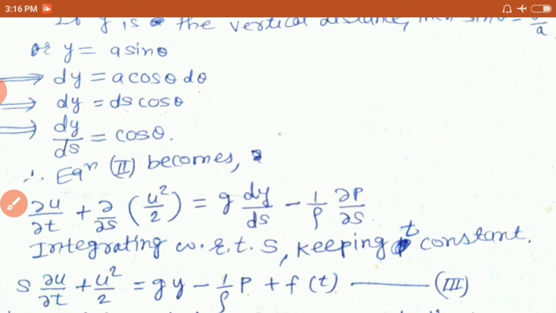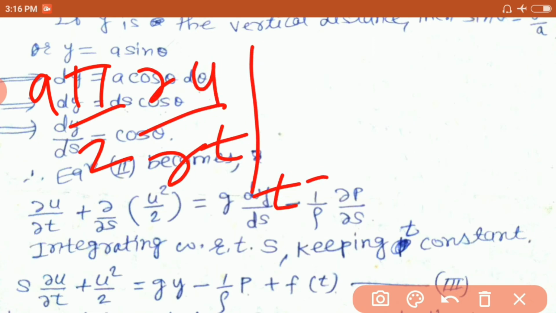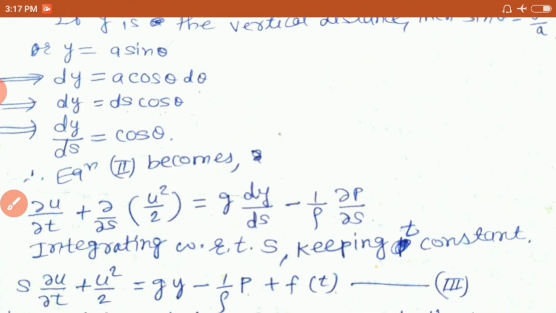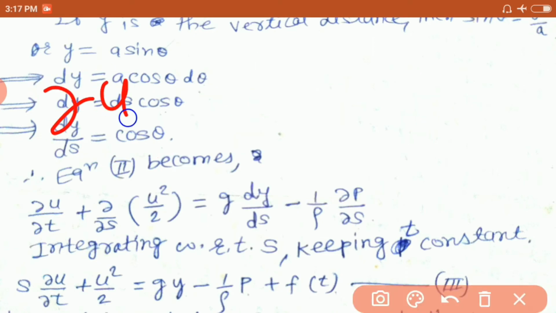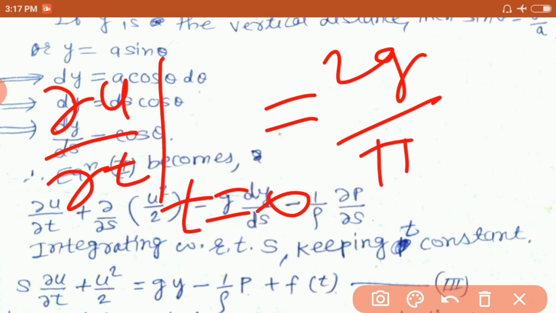So we can write this: a pi by 2 ∂u/∂t at t equal to 0, that is ga. And that means ∂u/∂t at t equal to 0 is equal to 2g upon pi. Suppose this is number 6.